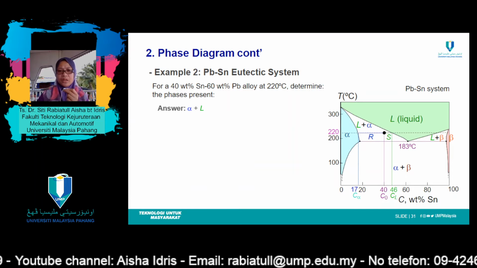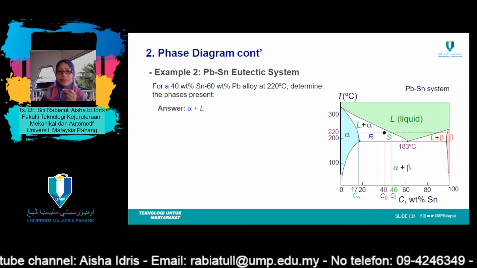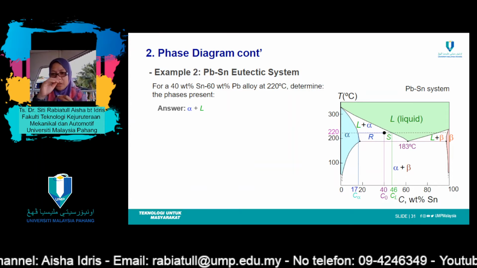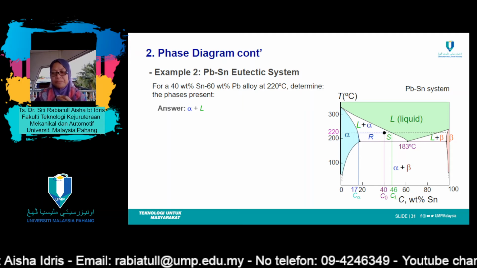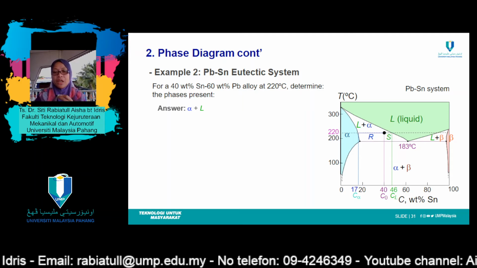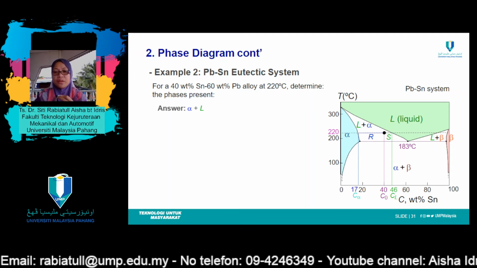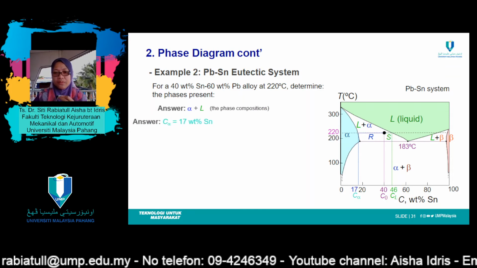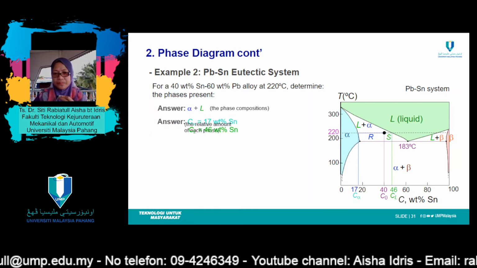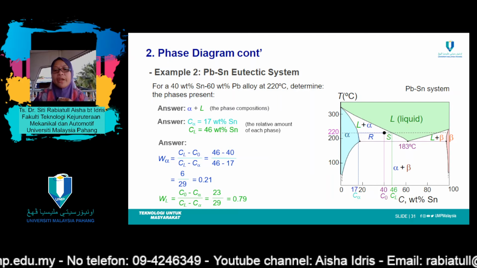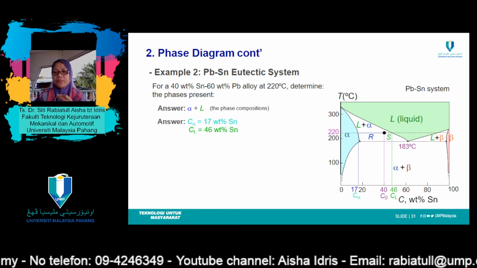Okay, never mind. We choose this example number 2. So again the same phase diagram. It asks you to... hold on. Okay, this one is correct. So sorry.